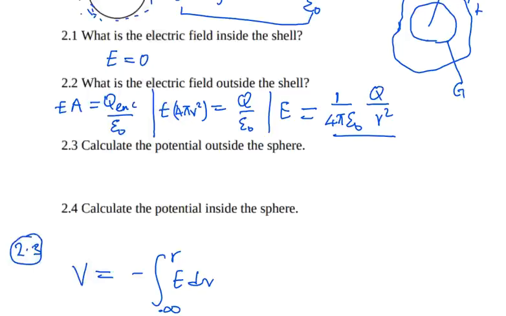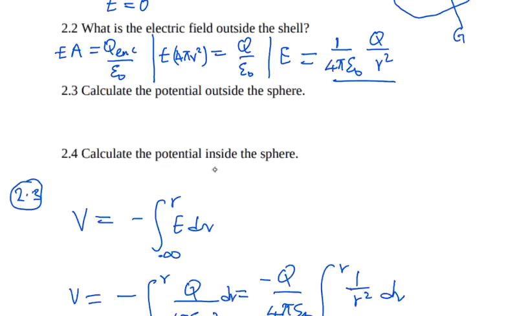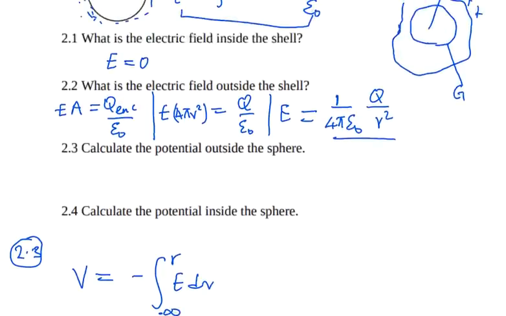For us to calculate this, we have to think, because from looking at the first question, we find that the electric field is 0. And if you apply the formula over here, you will think that the potential inside will be 0. No, it does not work that way.